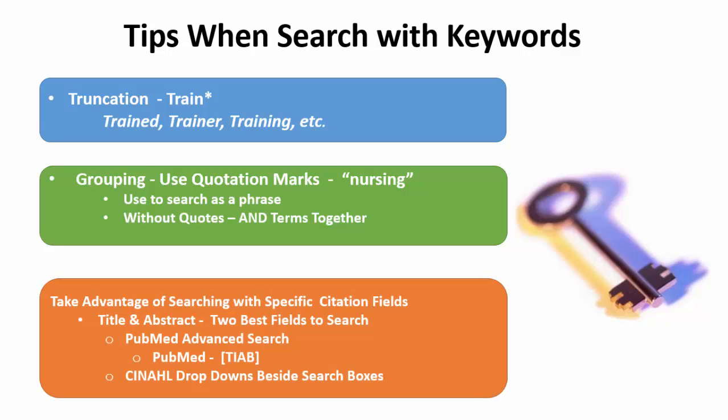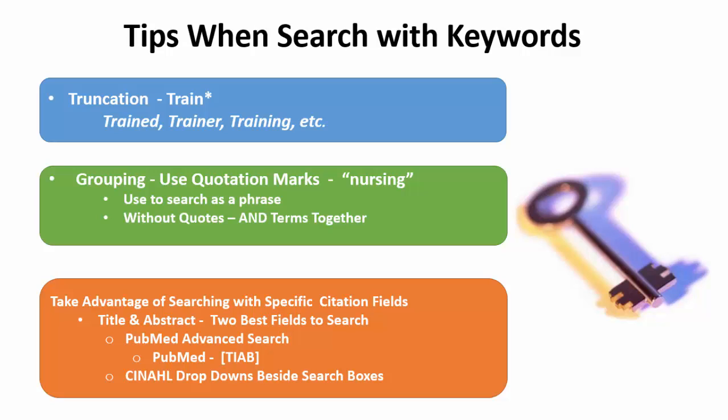A third thing that you can do is take advantage of searching with specific citation fields in the databases. The two best ones to use are the title and the abstract, because these are the two fields in a citation that really allow you to understand what the article's about, and so therefore the phrase or the word that you're looking for should show up there if it's addressed in this particular article.